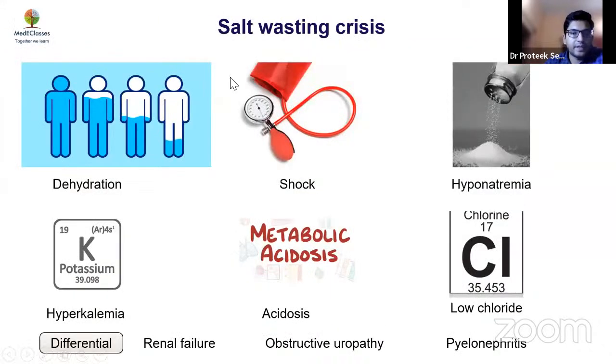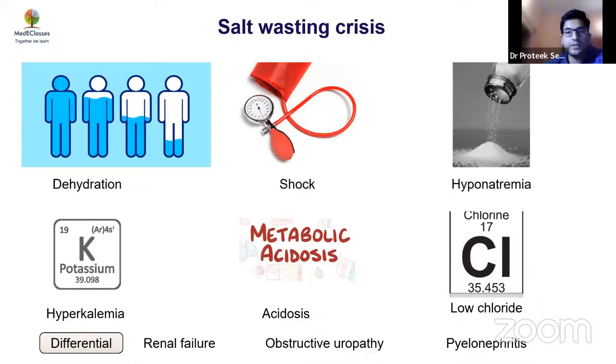So the next is if you have a salt wasting crisis. Now, how is this different from plain simple hyponatremia? The level of dehydration will be much more severe than just hyponatremia. The child might be associated with shock. The hyponatremia in this case will be much more severe.